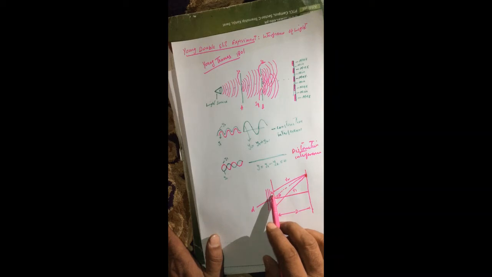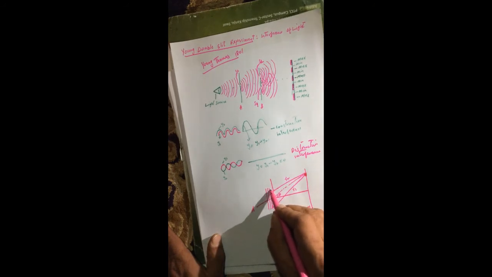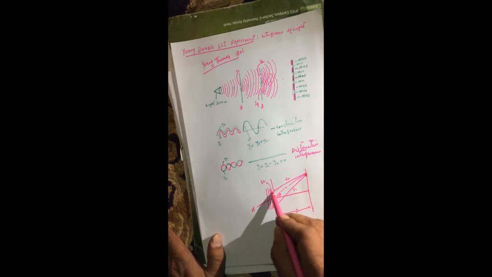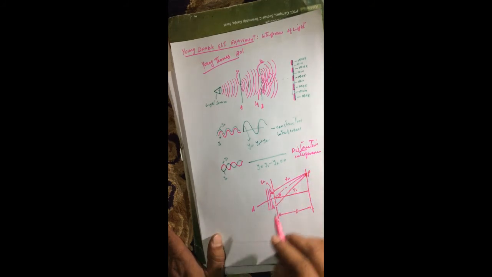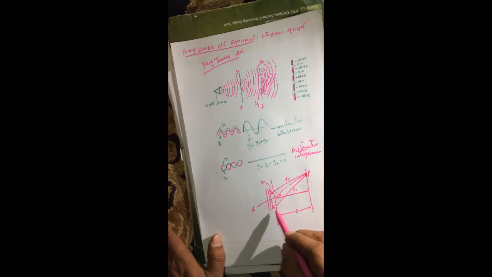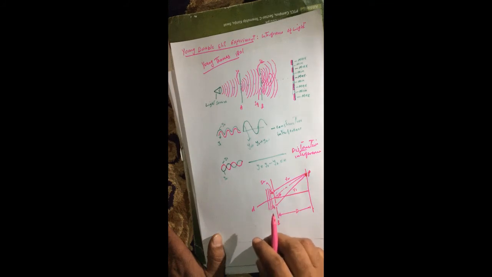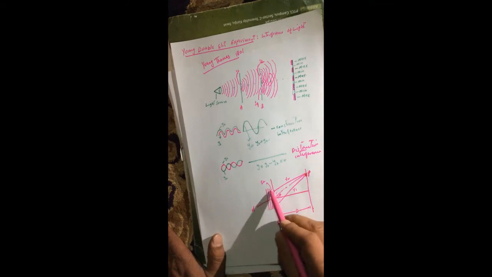Now the distance S2P, this is point P, S2P is smaller than the distance S1P. What is S2P?